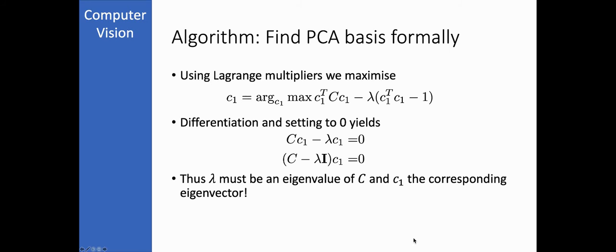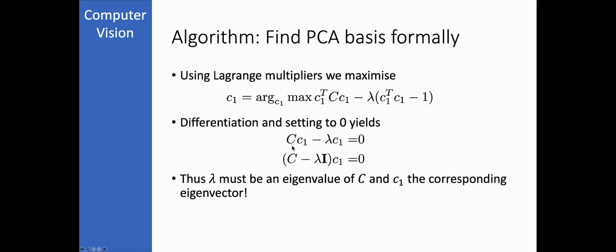Now, using Lagrange multipliers, I can solve this constrained optimization problem. I simply maximize C1 transpose times the empirical covariance matrix times C1, minus the Lagrange multiplier lambda times my constraint, so that the vector is unit length. If I take a derivative with respect to C1 and set it to 0, this is the equation that I get. Now, this equation should look familiar.